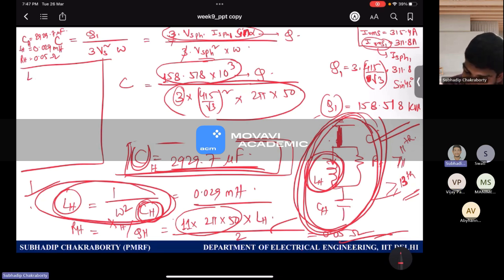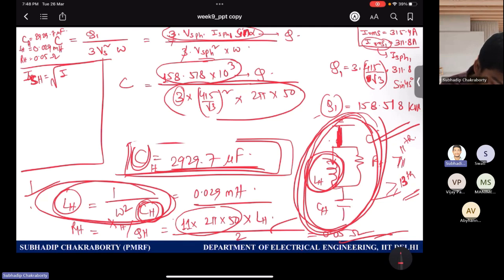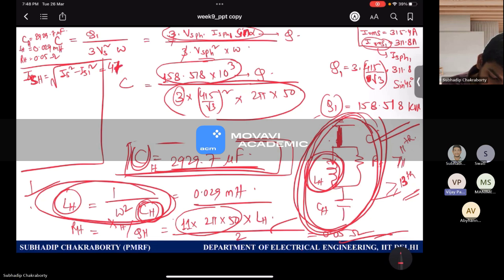I told you the harmonic, what was ILH or ISH, the reflected harmonic, that is IS square minus IS1 square. It was coming as 46 point something. Sir, we have found the RMS value of the current.